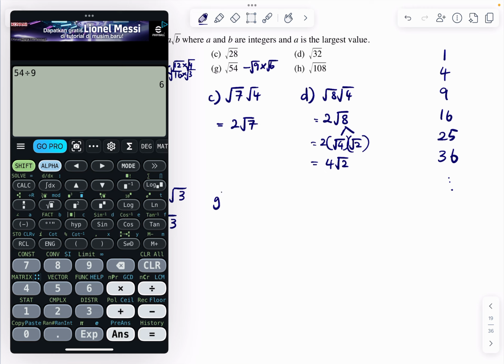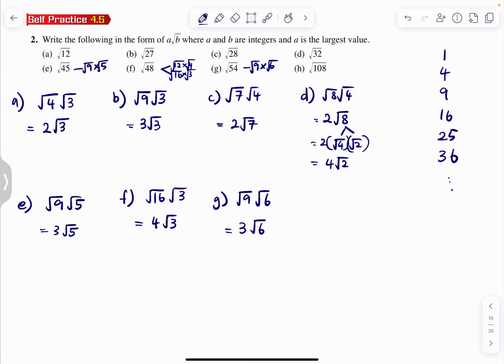So you can say root 9 times root 6. So 9 is 3, root 6. Is this the smallest? Most likely. Because root 6 will be root 2 times root 3. Cannot. Root 2 and root 3 are not perfect squares. So let's just double check. Yes. 3 root 6.